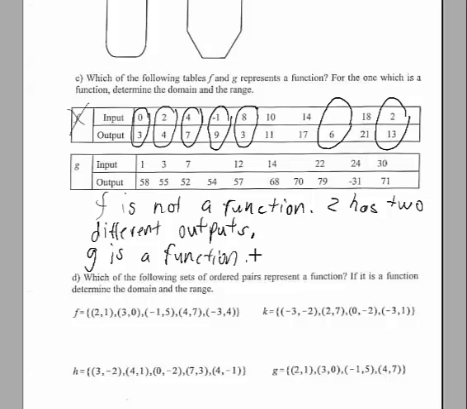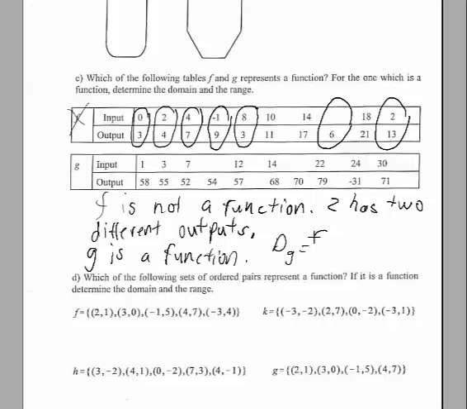And the instruction told us that we wanted to list the domain and range. So D of G, D for domain, subscript G for the particular relation that we're talking about. In this case, G is a function.